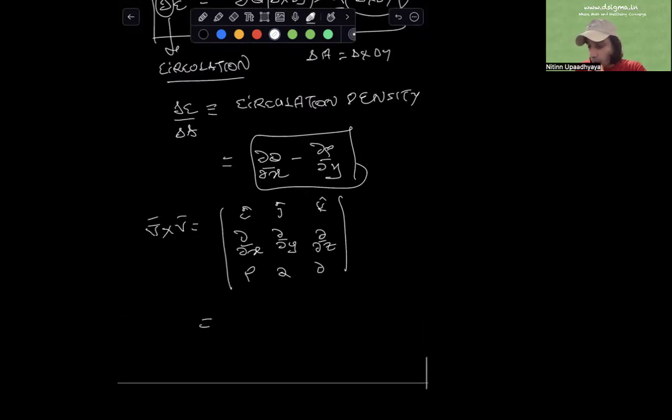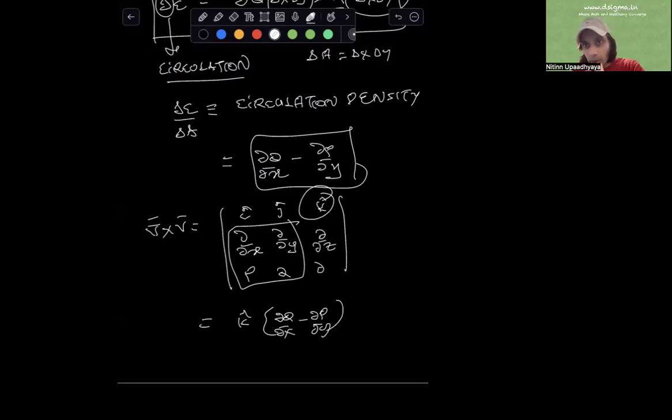If you were to define this cross product, you'll see that the only residual terms you will obtain are along the k direction, and that's ∂Q/∂x minus ∂P/∂y. So that's the curl of the velocity vector field. And you see that this expression agrees with the one we just derived here.